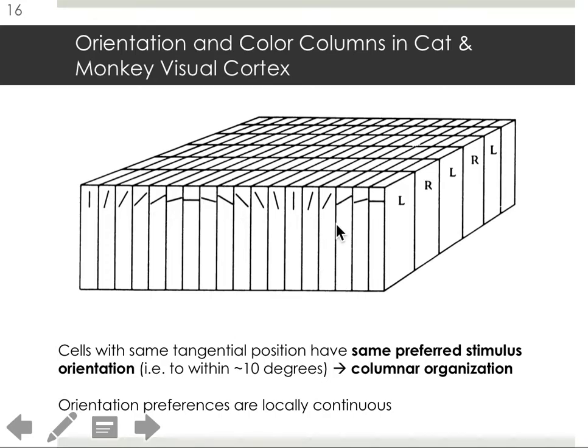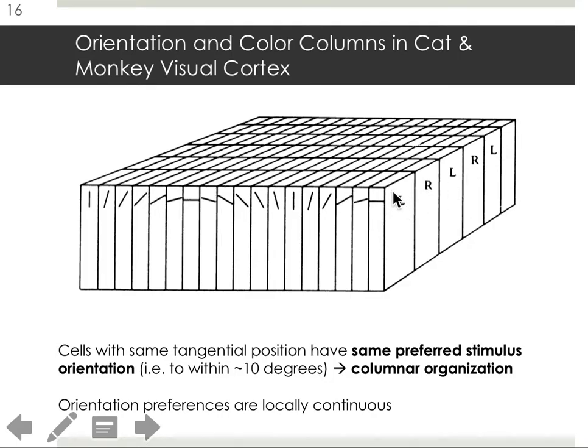each other. So there's this columnar organization, and then another important piece of information that they found out in the primary visual cortex is ocular dominance, right? Which is the idea that contiguous portions of the primary visual cortex are sensitive to input from the left and right eyes.